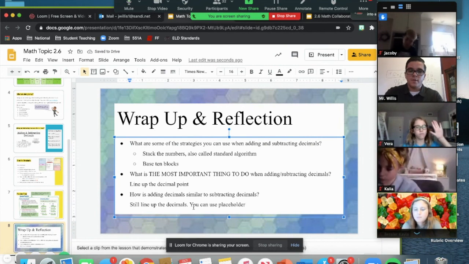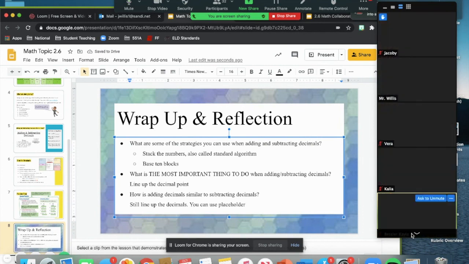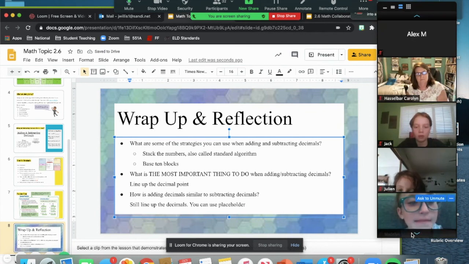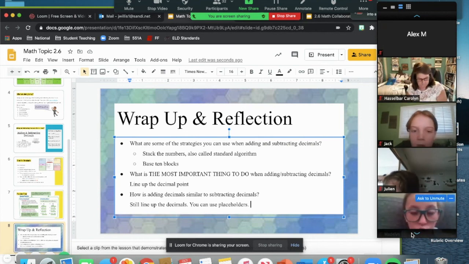Thinking of one more. What's the last thing that we do when we use standard algorithm? What do you need to do at the very end? Fill in the numbers at the bottom. And then you what? What do you do with the decimal? Drop it down. Drop down the decimal.